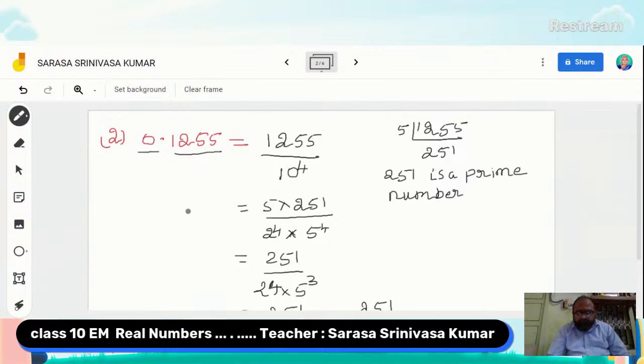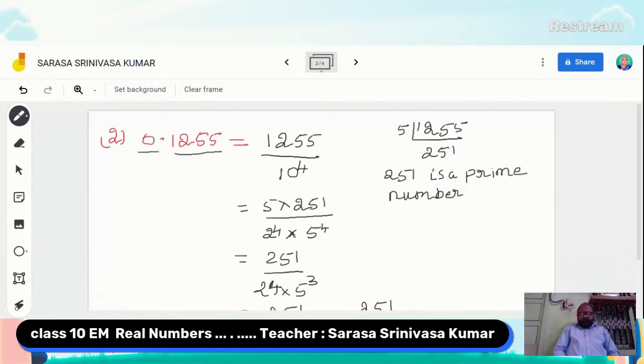0.1255 is written as 1255 divided by 10 power 4, because after decimal point there are 4 digits. So we have taken 10 power 4 in the denominator. Again, in prime factorization, we got 5 multiplied by 251 equal to 1255. Here, 251 is a prime number.